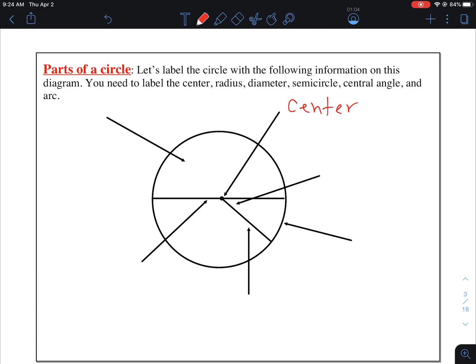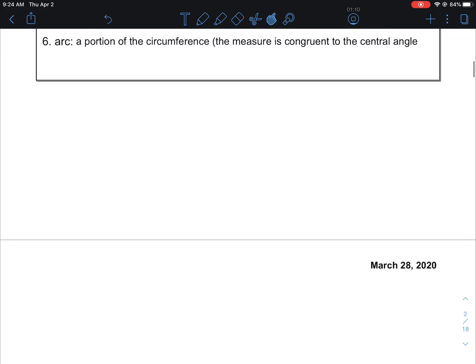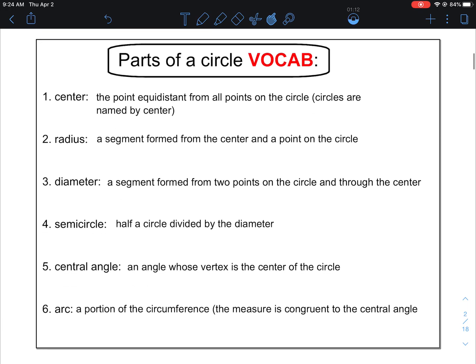The other terms you may have heard before, radius and diameter, are essentially a segment in both cases. A radius, you'll notice, it says is from the center to a point on the circle, where a diameter is basically from one side of the circle to the other, and it goes through the center.